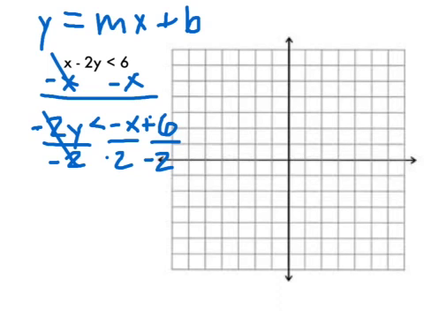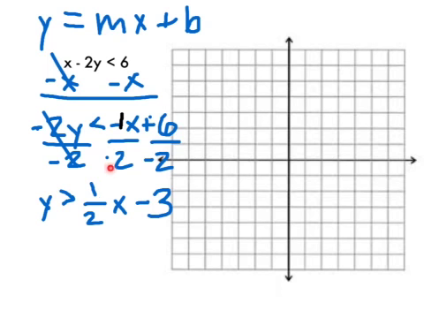So once we cross it out, we end up with y is greater than 1/2 x minus 3. Let me explain how we get that 1/2 there. There's technically an imaginary 1 in front of that x, so negative 1 x over negative 2.